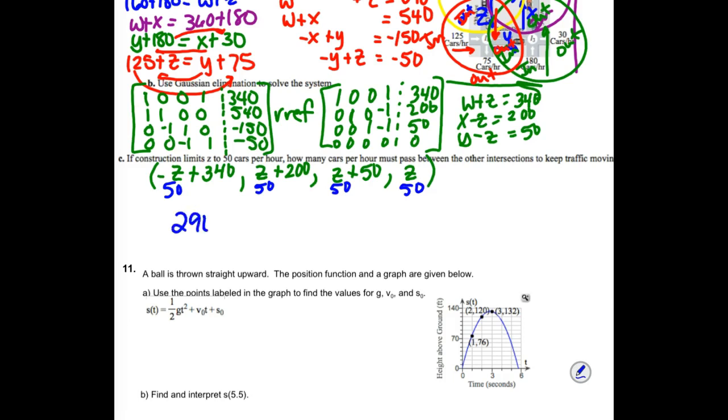Okay. 50 plus 200. 50 plus 50. And 50. That's just one example of a solution that would work. Okay? But the one I have here in green, that fits all situations.